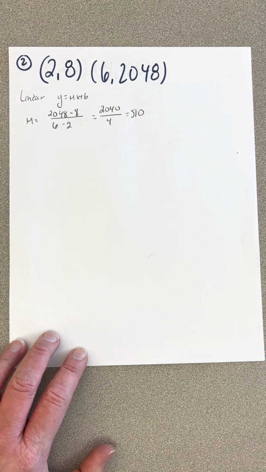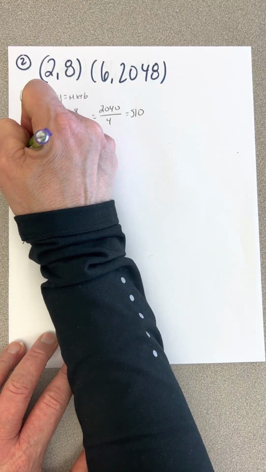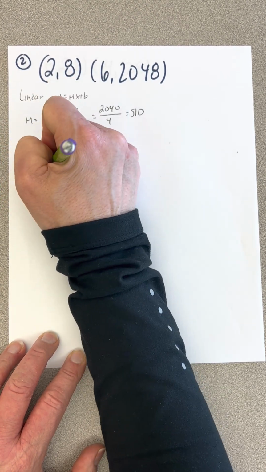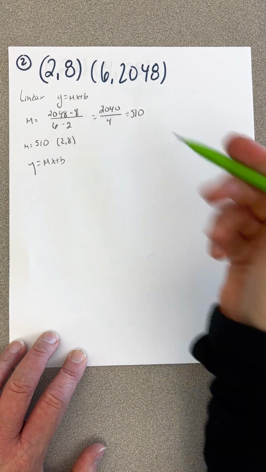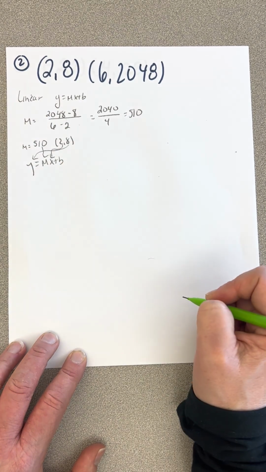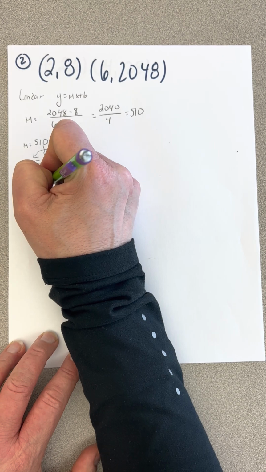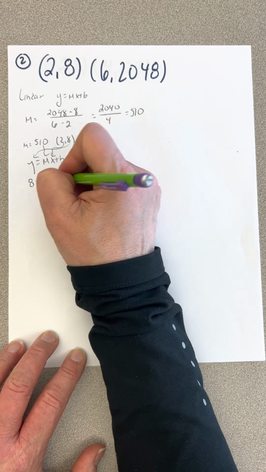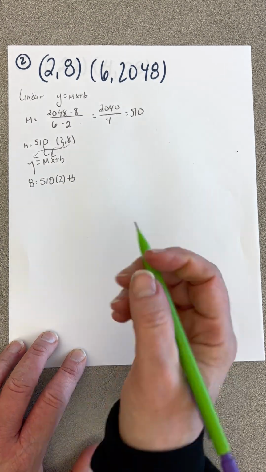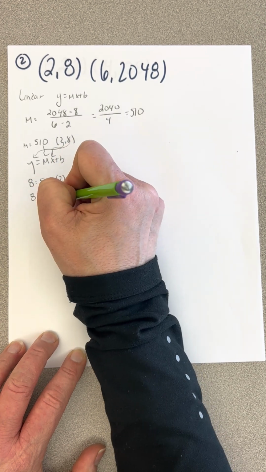That is my slope. So then I'm going to choose a point. I'm going to use the point (2, 8). So I'm going to use a slope of 510 and a point of (2, 8) to find my b. My y is 8. My m is 510. My x is 2. So we're going to have 8 equals my m of 510 times my x, which is 2, plus b. 510 times 2 gives me 1,020. So 8 equals 1,020 plus b.